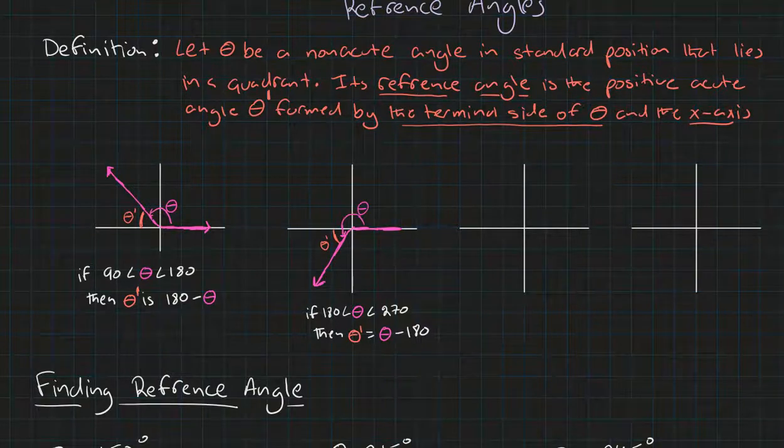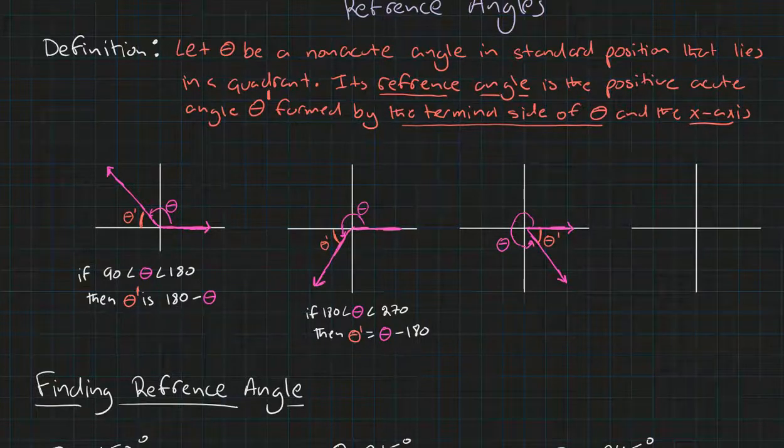If you have been following the trend, clearly the last example is the fourth quadrant situation. What happens if you have an angle sitting in the fourth quadrant? Well, that is this big angle right here, which is theta. That means the reference angle for it is this acute angle right here.